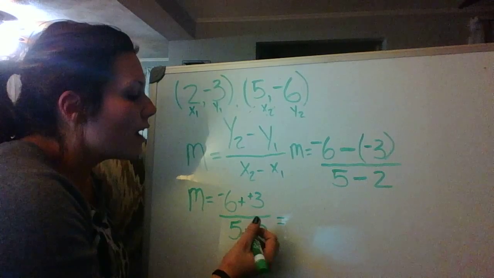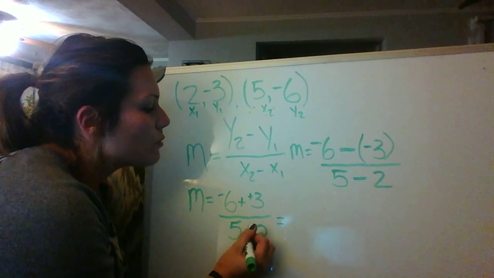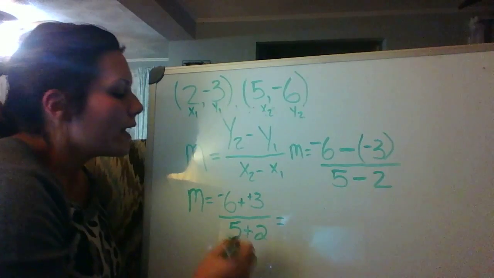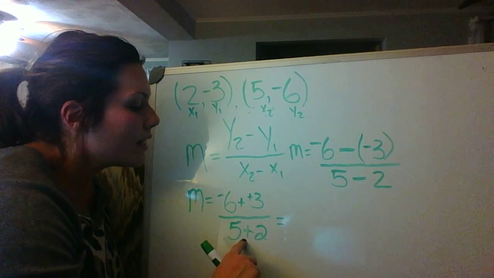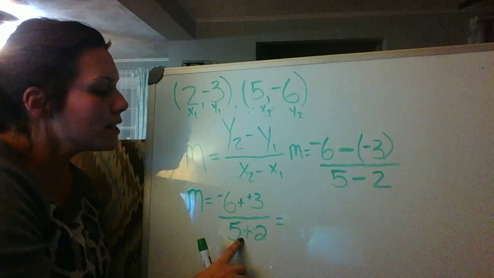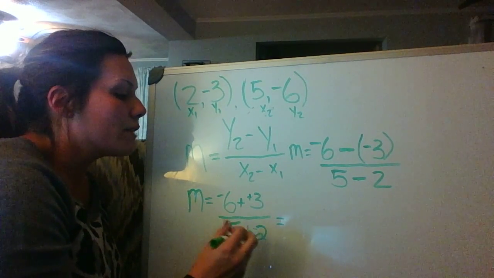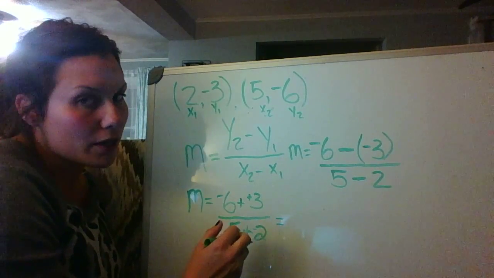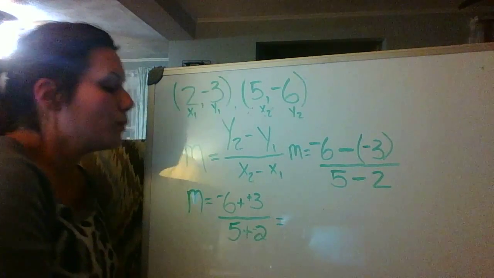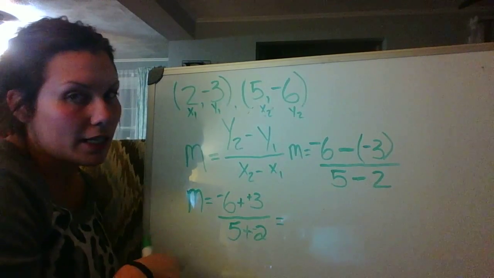So I know that I can make my subtraction problem an addition problem by making this 2 a negative. So I take my subtraction and I make it an addition problem. I just have to make sure that that subtraction bar goes somewhere, so I give it to the 2. So now I have 2 addition problems that I can solve.